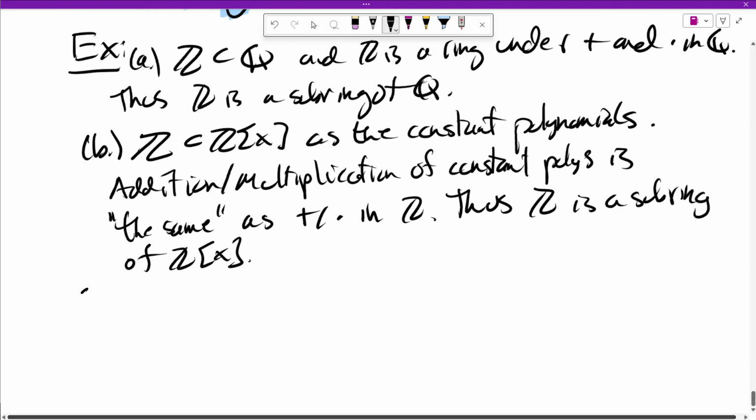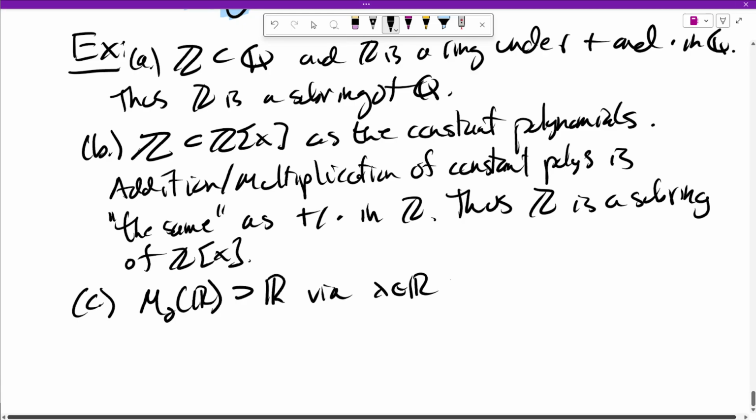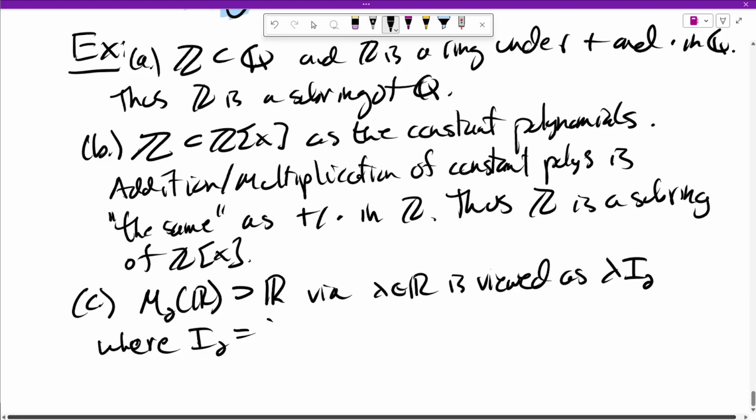Let's do another slightly more involved example. We saw that 2 by 2 matrices over R is a ring, and we can view the real numbers as a subset via any real number lambda being viewed as lambda times the 2 by 2 identity, where I2 is the 2 by 2 identity.